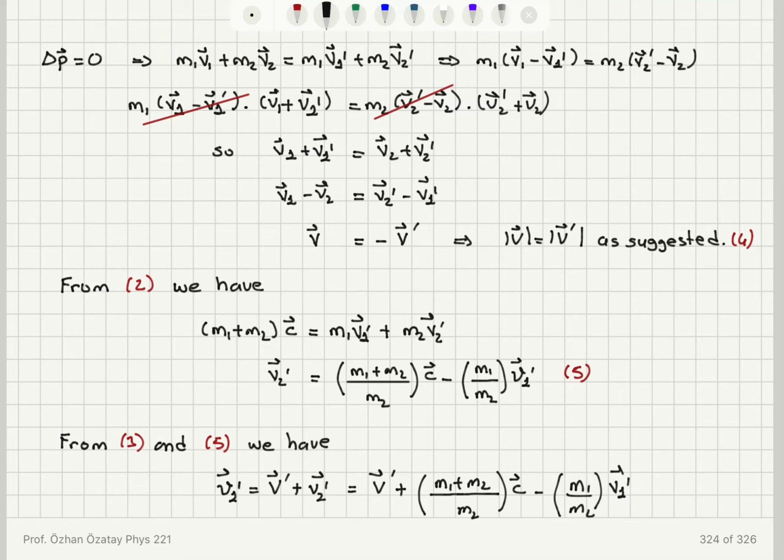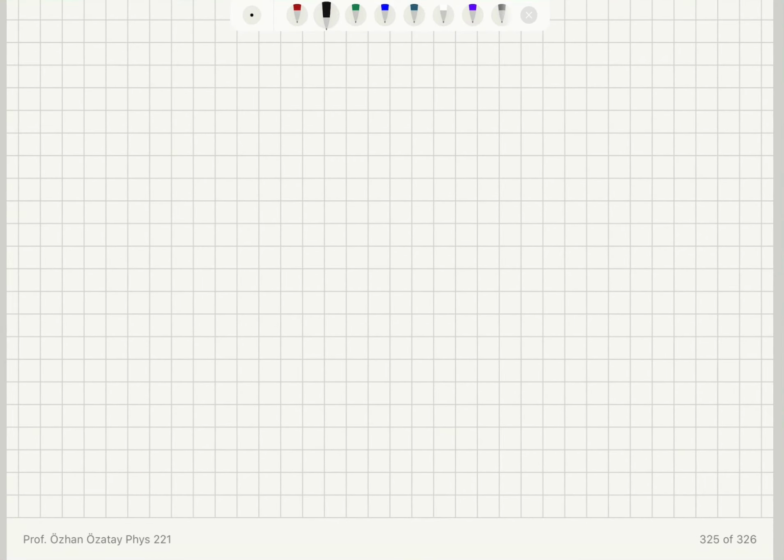So if I rearrange this for v1 prime, collecting v1 prime on the left hand side, I see that (1 plus m1 over m2) v1 prime must be equal to the relative velocity after the collision plus (m1 plus m2) divided by m2 times the center of mass velocity c.